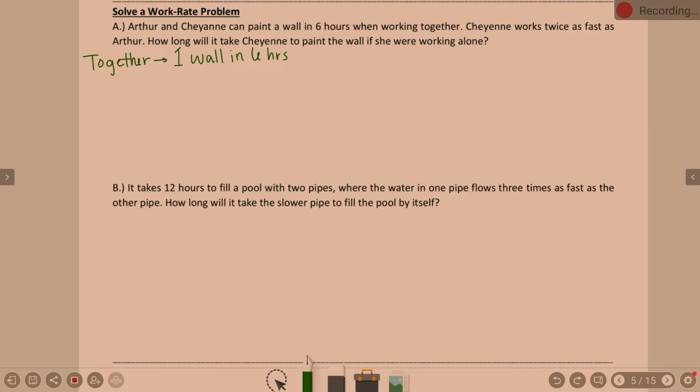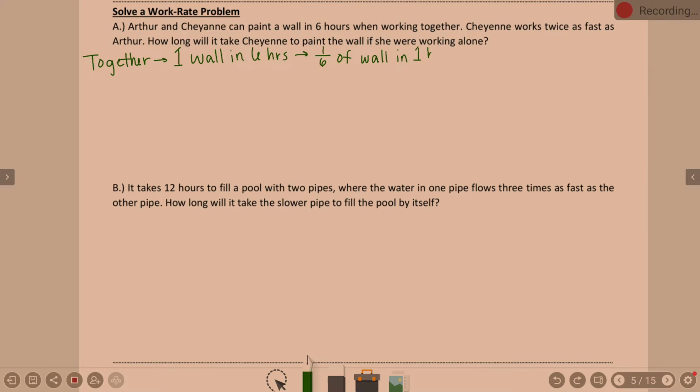A sixth of the wall, yes? And the idea is that is their rate, that they can paint 1/6 of a wall in 1 hour.